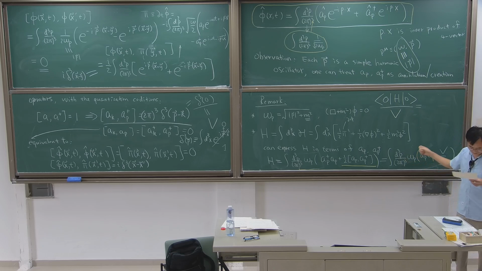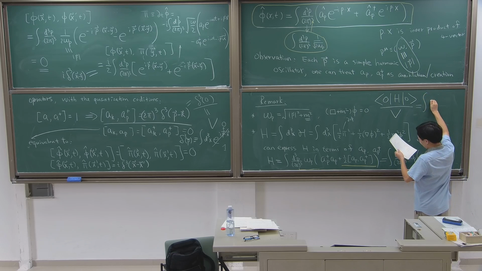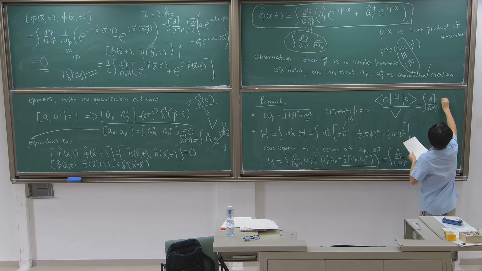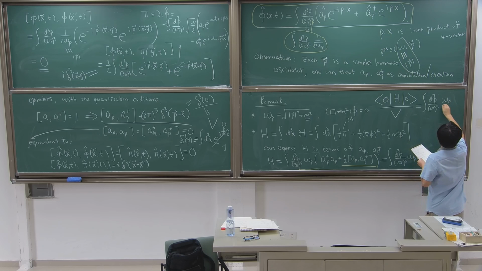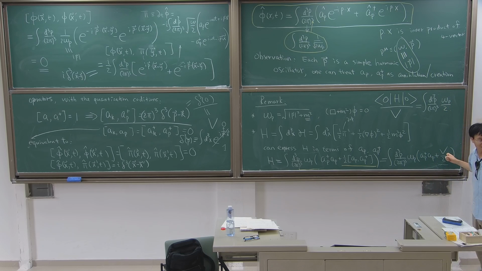By this observation, the vacuum energy density will eventually be equal to this integral, simply omega p over 2. See, we divide by the volume. The only thing left is omega over 2. So this is my vacuum energy density. Some very interesting physical observable. We can extract it in a very concrete way from field theory, right?